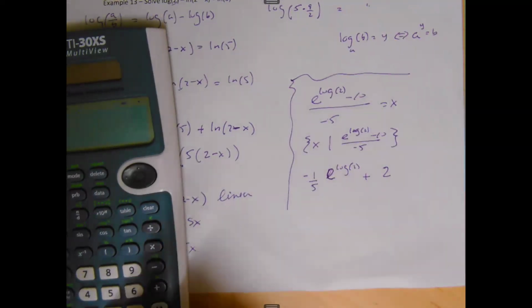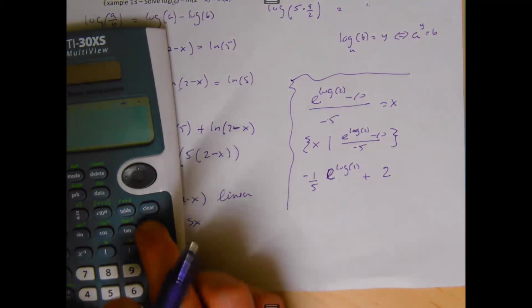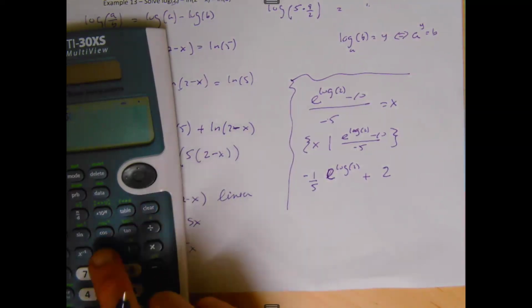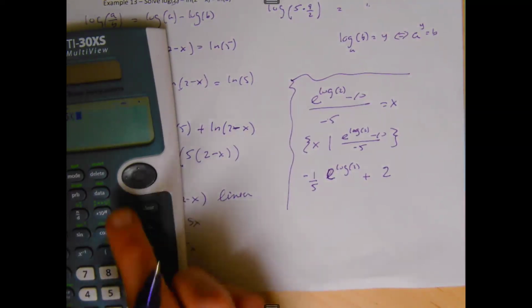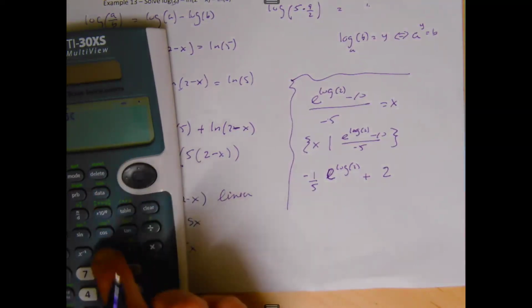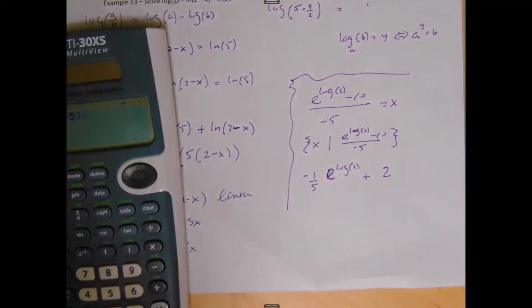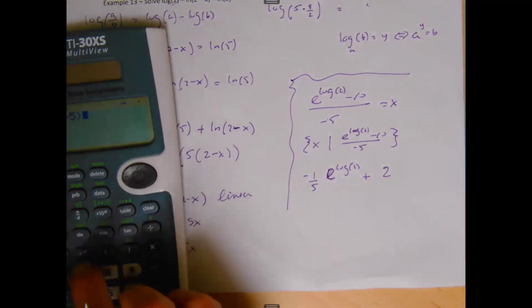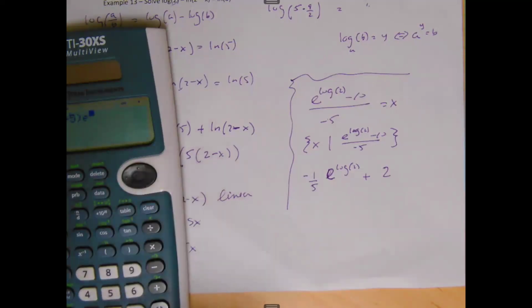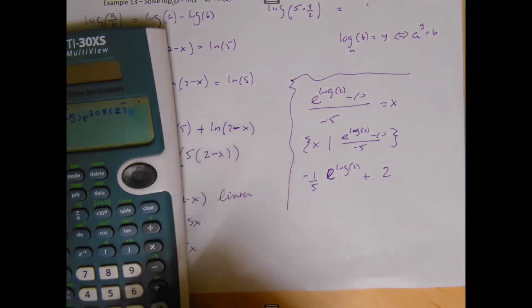So I got -1 divided by 5. I'll put parentheses here, just to, I could write that out, and then e, and our power is log base 2, no, log base 10 of 2 plus 2.